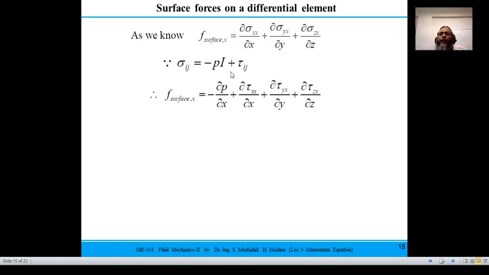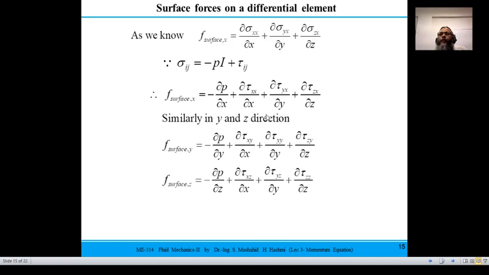We can write the force per unit volume in the x direction in 2 components: the pressure component and the shear stress component, which is acting tangentially. Similarly, we can write the force per unit volume for the y direction as well as for the z direction. So in the x direction you have a pressure gradient in x, whereas in the y direction you have a pressure gradient in y.